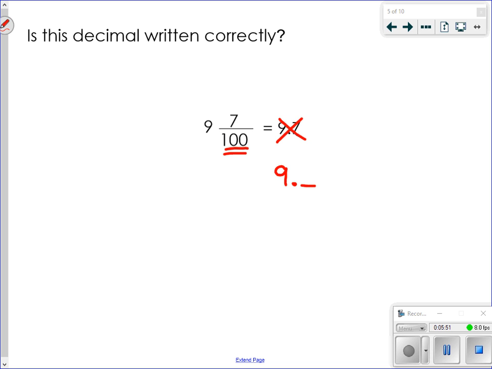So there's a place here, and then the 7 goes there in the second position after the decimal. So what would I need to hold this place in the tenths position? A 0, right? Okay, remember zeros are your placeholders. So this is 9 and 7/100ths, with the 7 in the second position after the decimal.